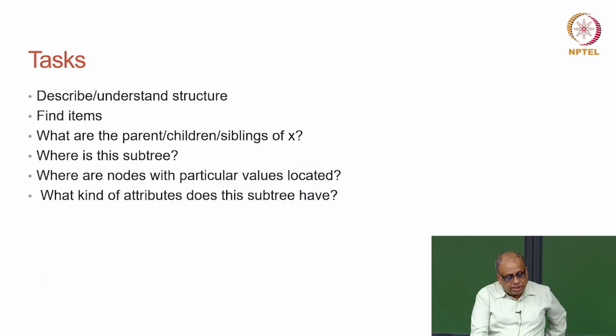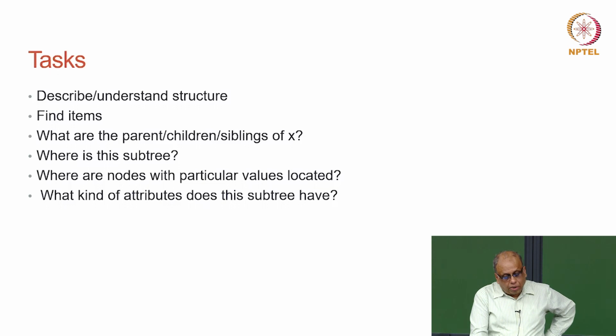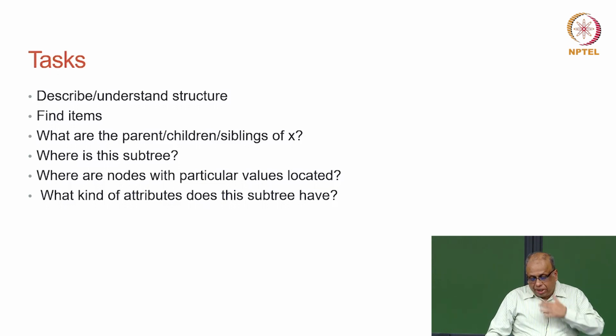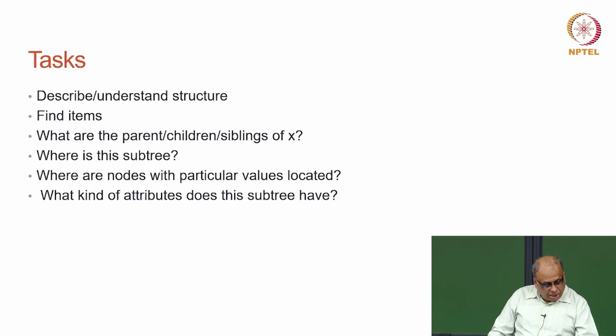And you can have various tasks you want to do with trees, like describe or understand the structure, find items: what are the parent, children, and siblings of X, where is this subtree, where are the nodes of a particular value located, what kind of attributes does this subtree have.